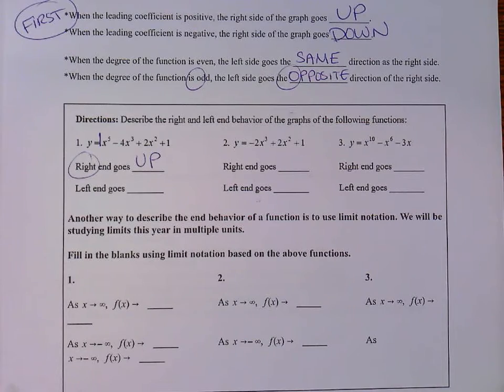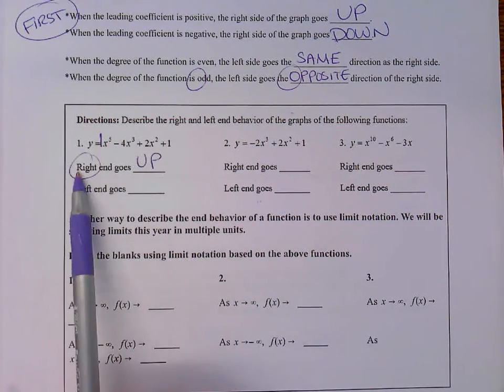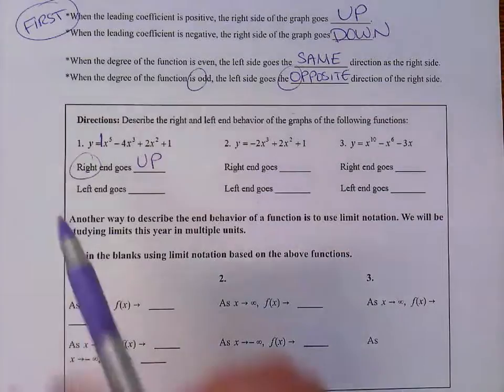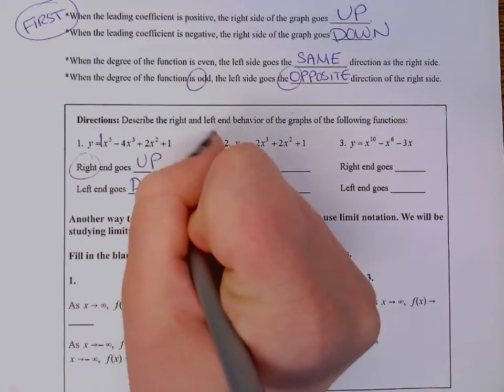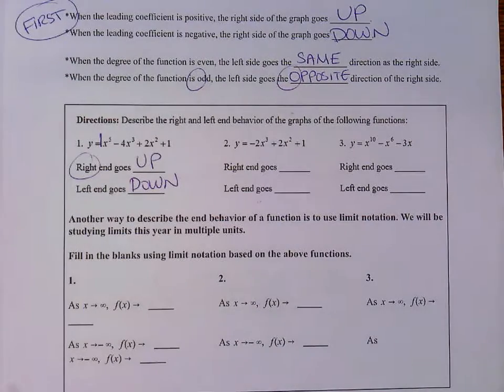And then I look at the degree of this function, which is the highest power. In this case, it's 5. That's an odd number. So if right is going up, then left has to go opposite, and left is going to go down. So when I start sketching this graph, I already know what the ends of the graph do, and then I can put that together with my zeros and multiplicity and y-intercept, and I can get a pretty good idea of what the function looks like.